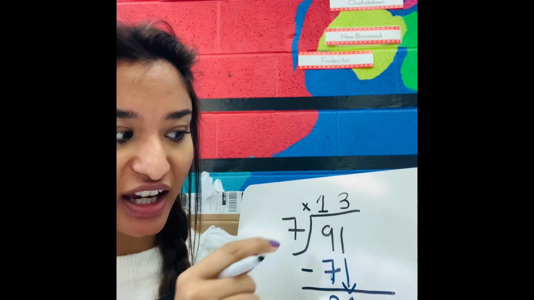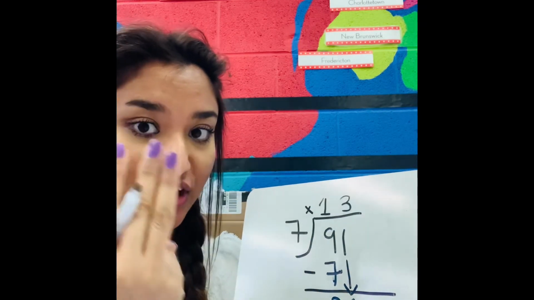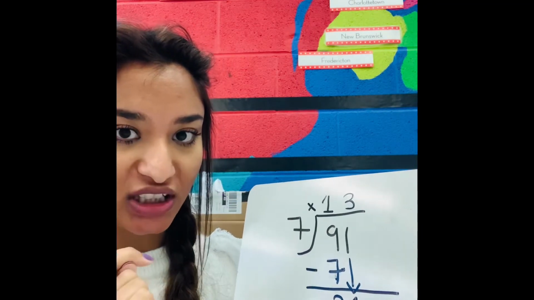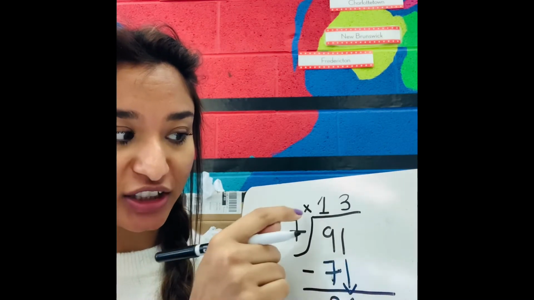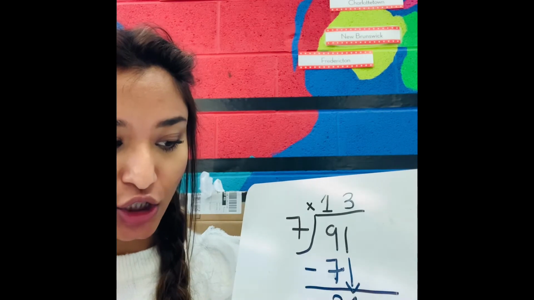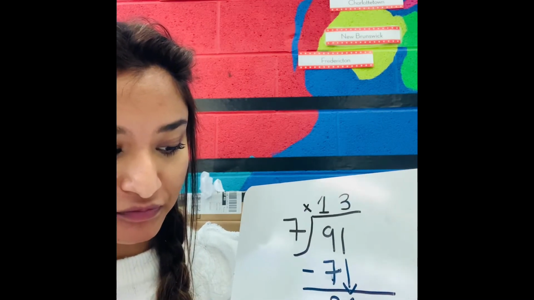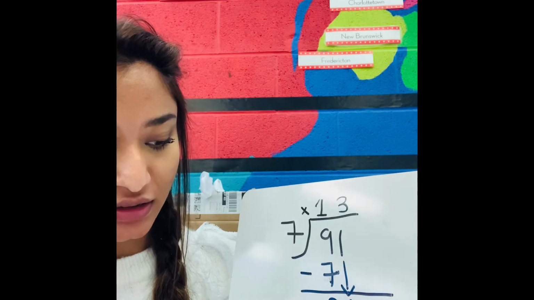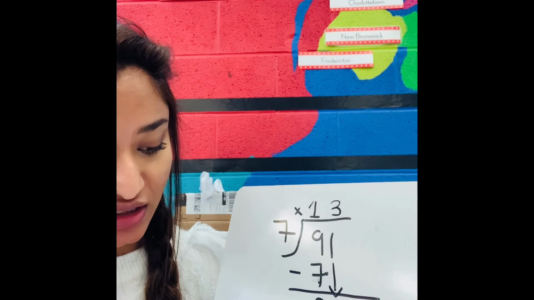So I put up 3. And remember, I need to multiply my 3 by my 7 to get a number here. So 3 times 7 gives me 21. I subtract, and I am left with nothing.